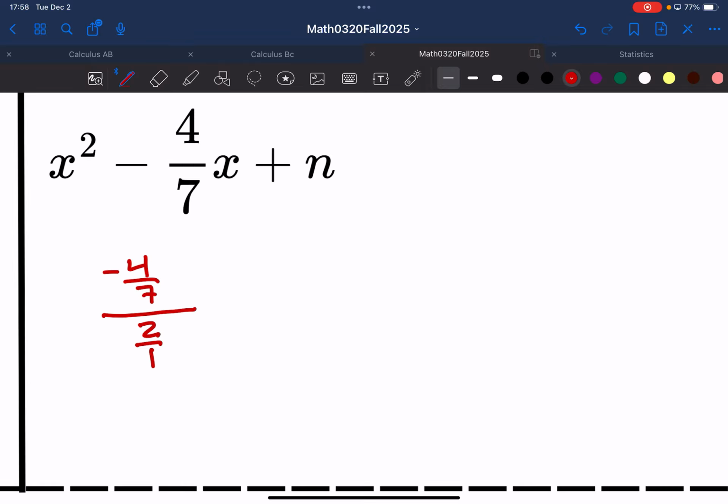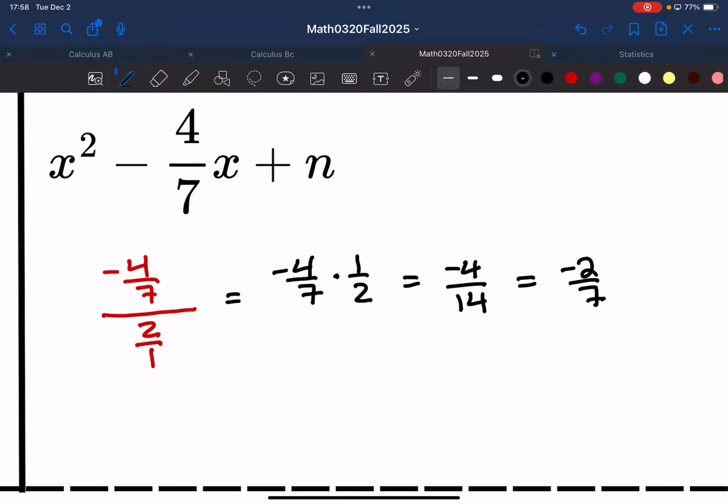Multiply by the reciprocal. So this becomes negative 4 over 7 times 1 over 2, which would be negative 4 over 14, which can simplify to negative 2 over 7.